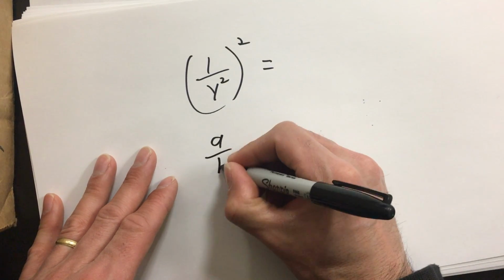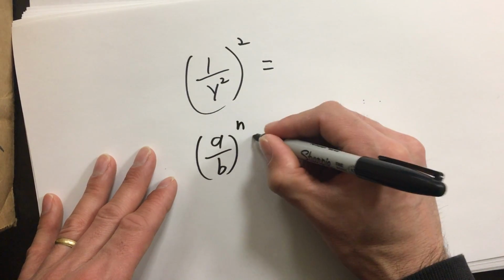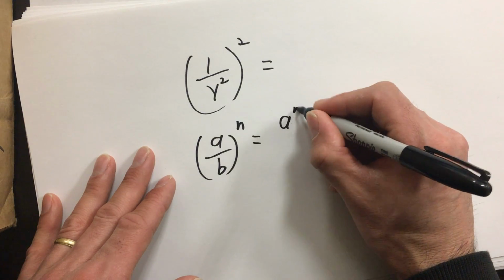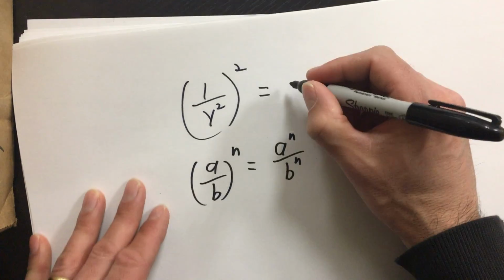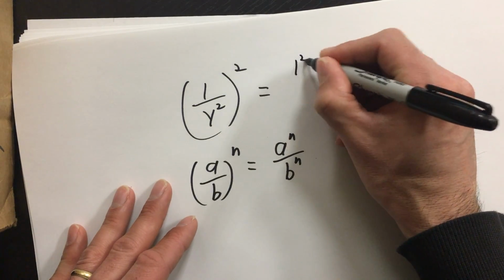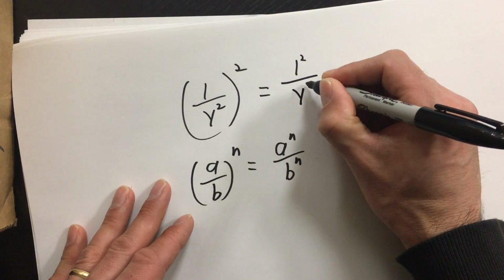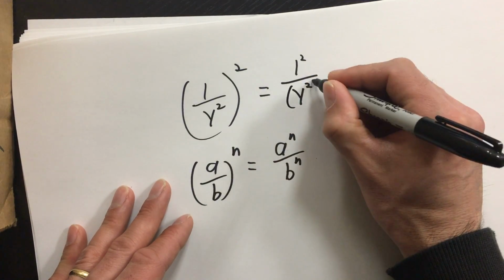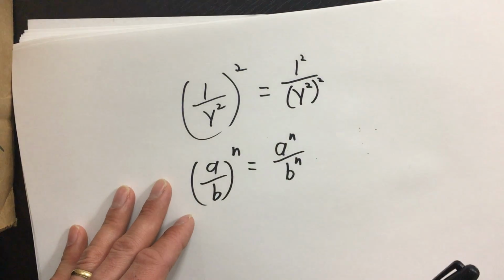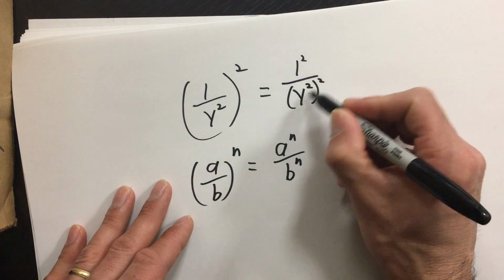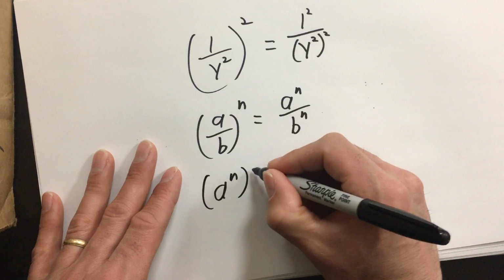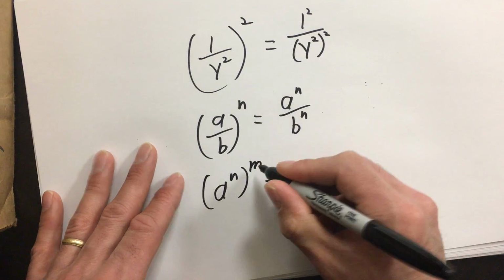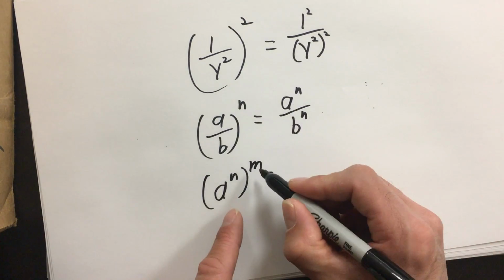Now, if we raise a over b to the exponent n, we would raise both a and b to the exponent n. So that means we have 1 squared over y squared, which is being squared. Now we've got this problem here. If we have a to the exponent n and we're raising that to the exponent m, be slow and careful here.